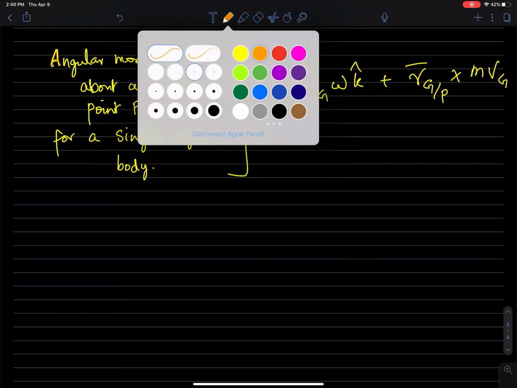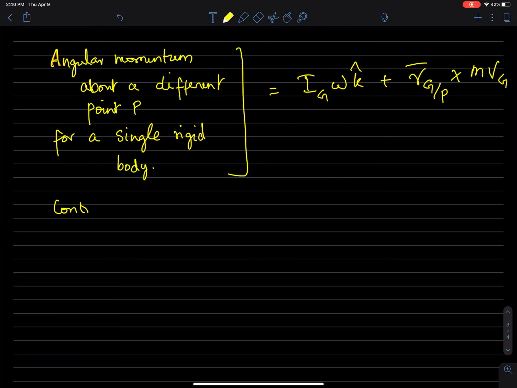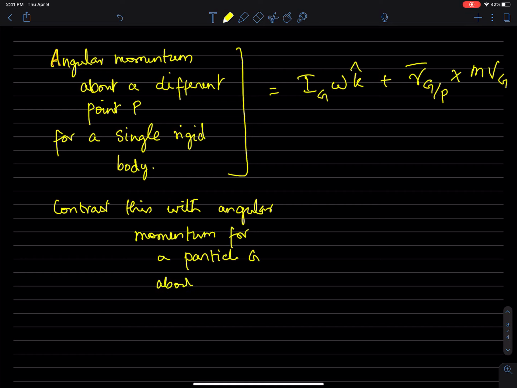Contrast this with angular momentum for a particle, let's call it G, about point P. Okay, so you have some point P and this is a particle G and it's got some velocity v_G.